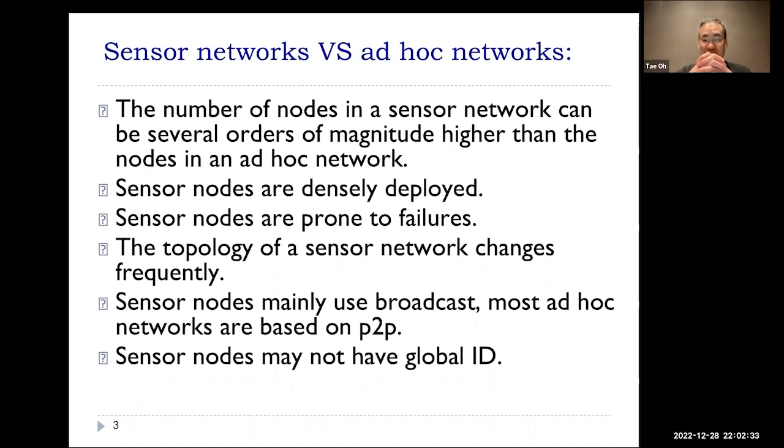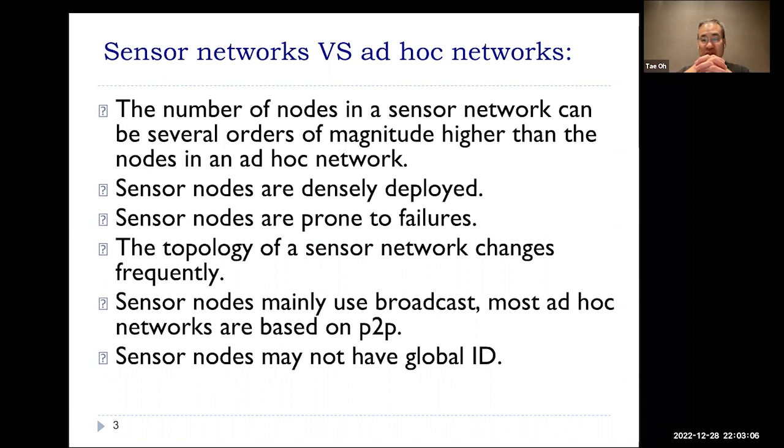I worked in this area for a number of years, especially on mobile ad hoc networks in the military. That's somewhat similar to sensor networks, but also somewhat different. One difference is the number of nodes in a sensor network can be on the order of thousands or hundreds. When we talk about ad hoc networks, we're talking about vehicular ad hoc networks, or when I was in the military, mobile ad hoc networks.